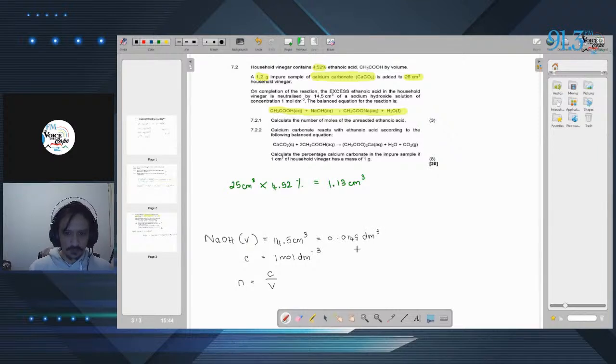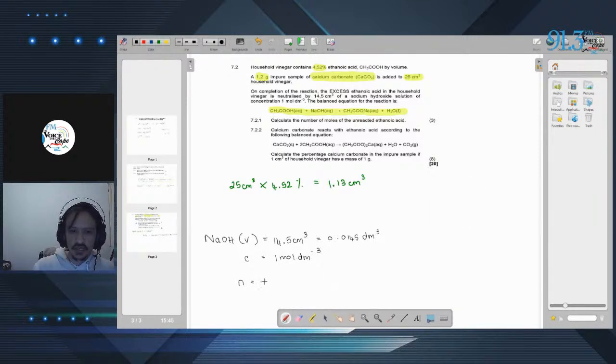decimeters cubed. So we go ahead and say, if we take 1 and divide it by 0.0145, you're going to get a value of 68.97 mole. Hold on, let me just check if I did this right. This seems very big. C equals n over V. Yes, n is equal to C times V. My apologies, I thought something was weird here.